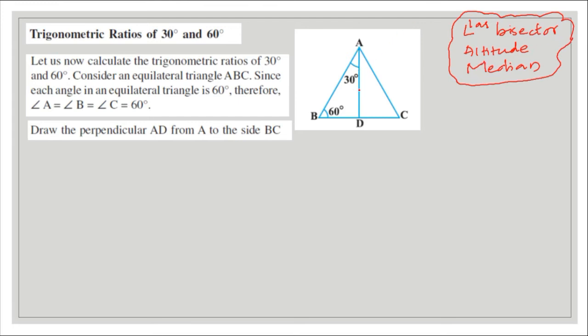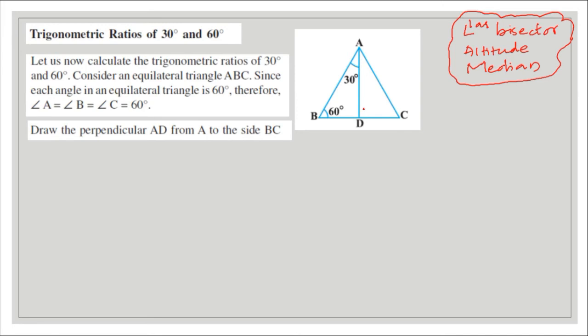So this particular AD will bisect BC. For that, I'll give an explanation. If you consider the triangles ABD and ACD, you can actually prove that they are similar as well as congruent to each other.